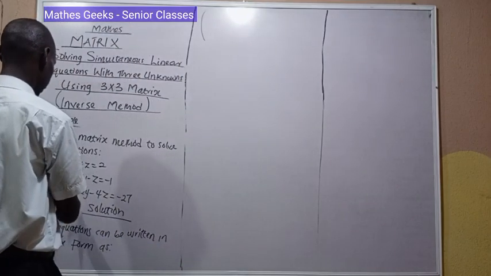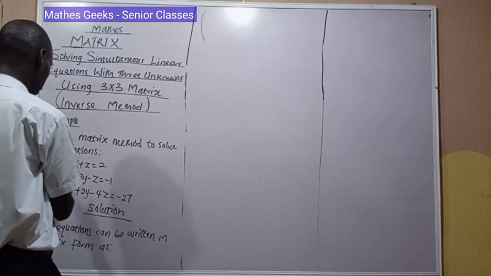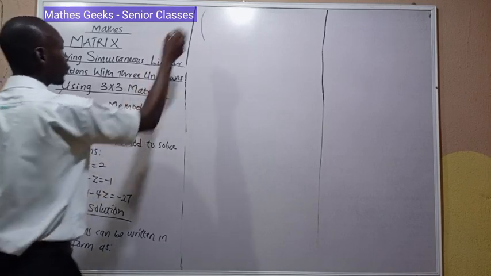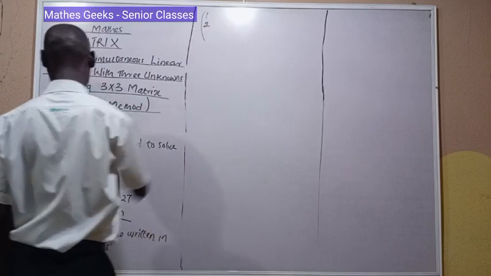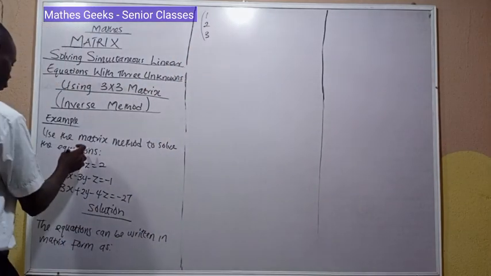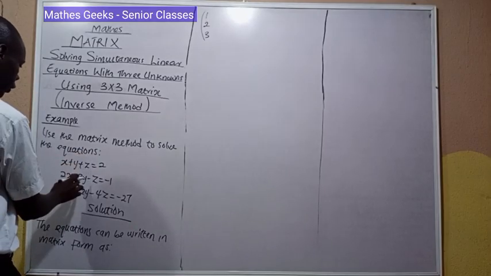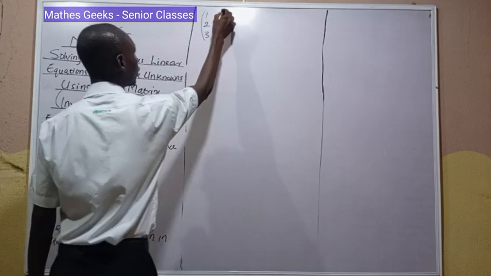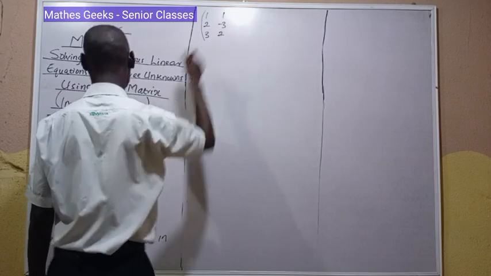Coefficient of x, just take it as a row. Coefficient of x as a row is 1, 2, 3. They're all positive. Coefficient of y as a row is plus 1, minus 3, 2.